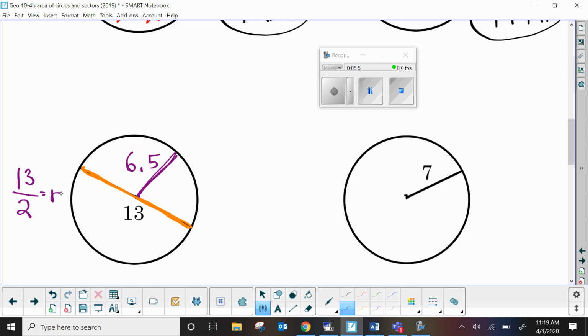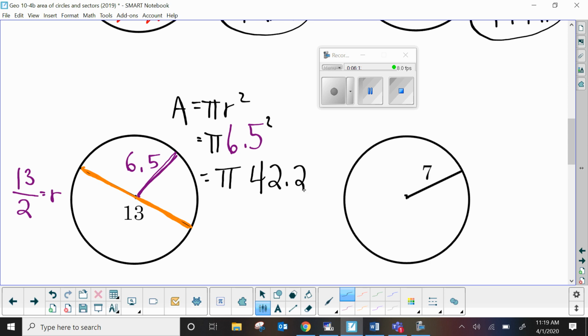First, let's start with the formula. Pi, and we just found the radius to be 6.5 squared. I do 6.5 in the calculator squared, and I get 42.25. I don't want that after the pi, I'll put it in front of the pi. So 42.25 pi. That would be my answer.